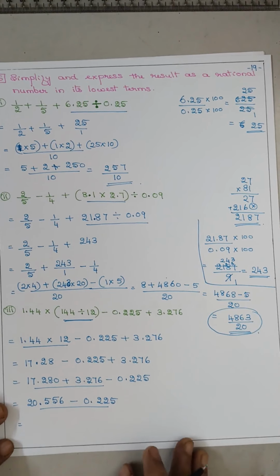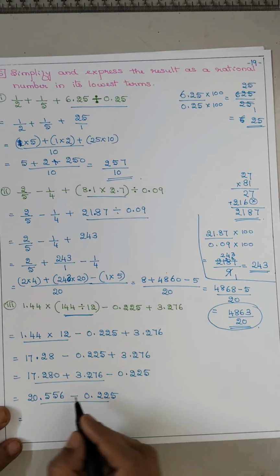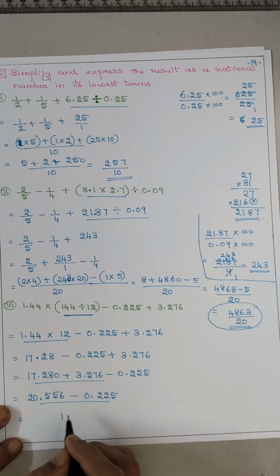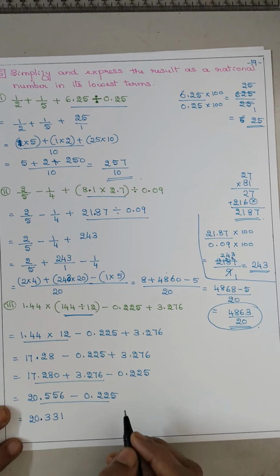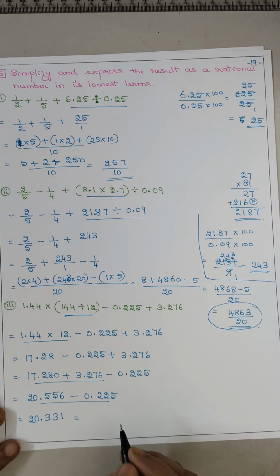Underline. Now ordinary subtraction. 6 minus 5, 1. 5 minus 2, 3. 5 minus 2, 3. Then it is 20 minus 0, 20. So इतना मिला.